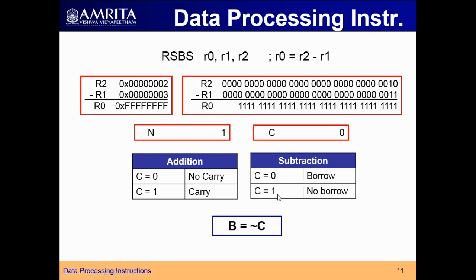When carry equal to 1, borrow will be 0, there is no borrow. So borrow can be represented as not of C.